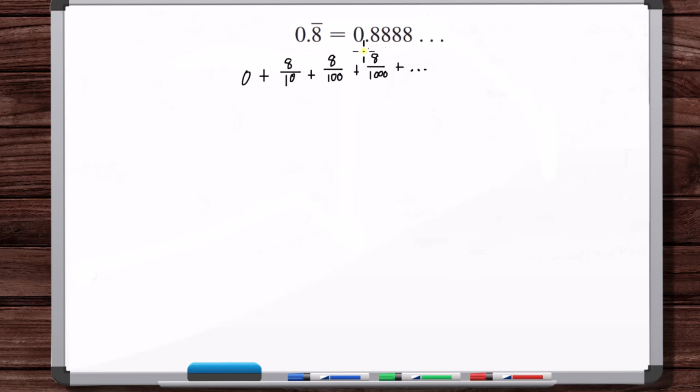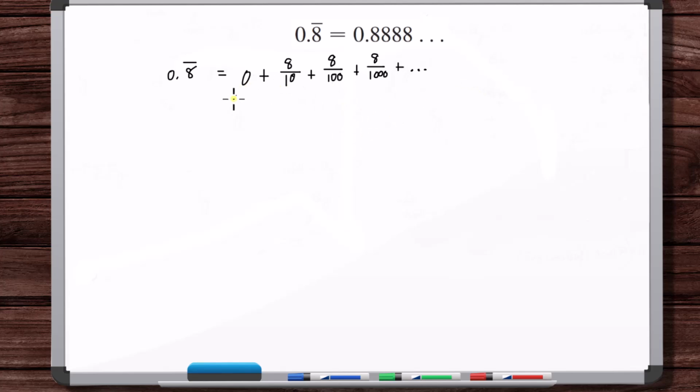That's what 0.8 repeating is. Do you agree? Assuming this goes to infinity, then that is 0.8 repeating, 100%.